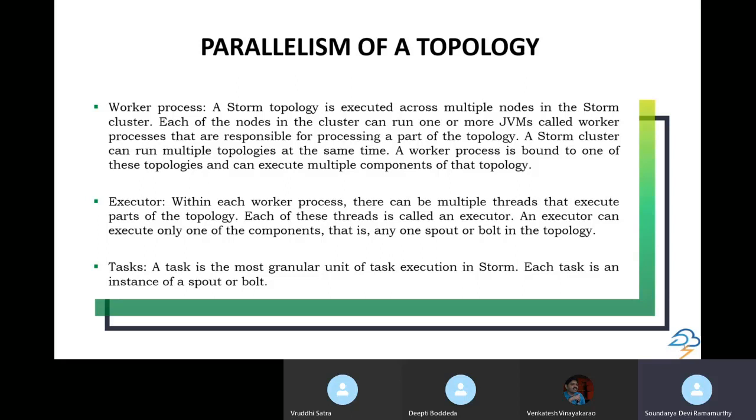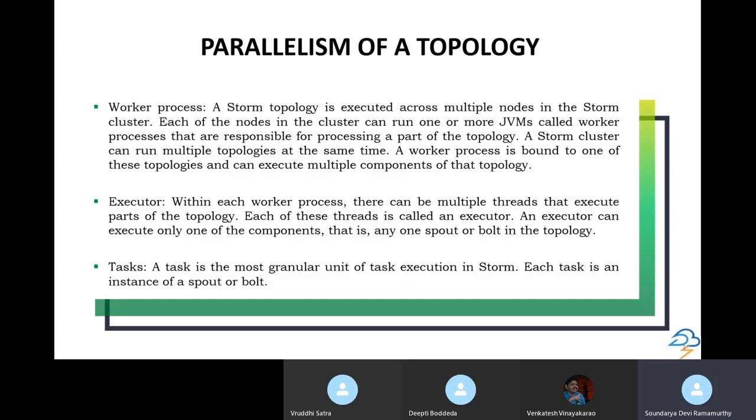And the next one is executor. Inside each worker process, there can be multiple threads that execute a spout or bolt, that part of the topology. Each of these is called an executor.